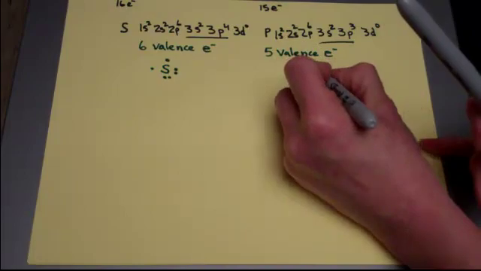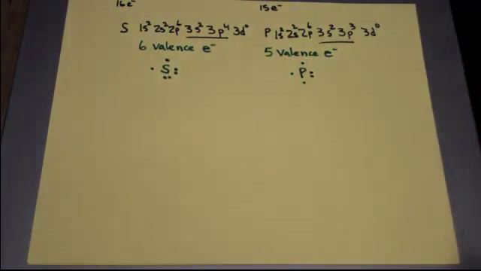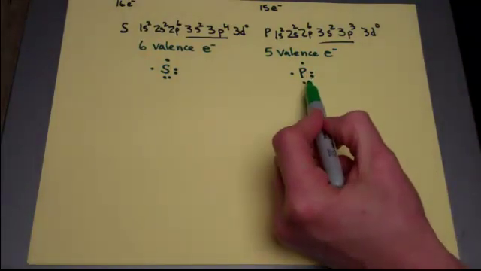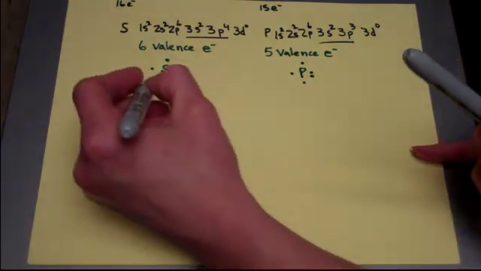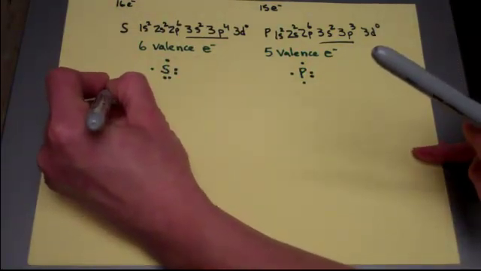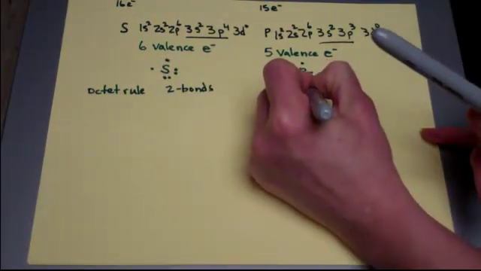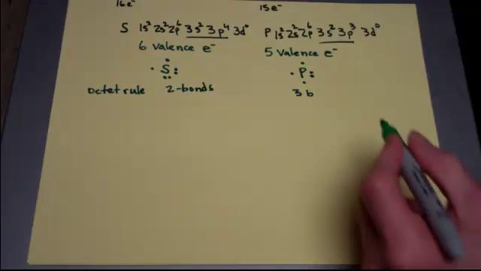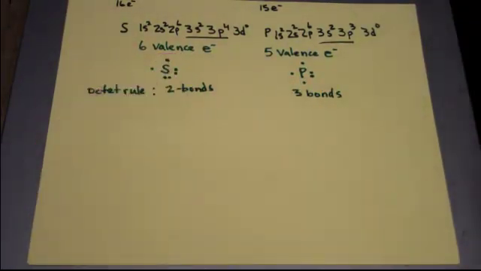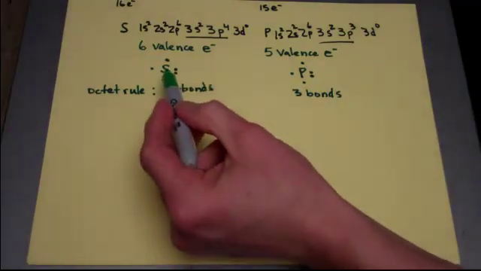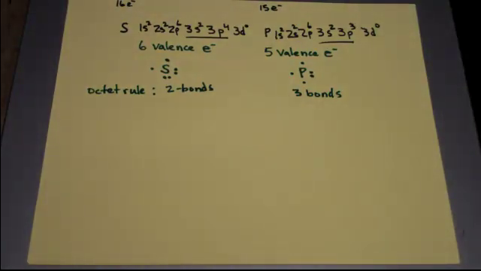It's got 5 valence electrons, so we start filling them around the phosphorus, and it has to start pairing. So now we have 3 places on phosphorus. Based on the octet rule, sulfur would want 2 bonds, and phosphorus would want 3 bonds because there are 3 places for it to share. These rules do apply, and these two elements can make 2 bonds for sulfur or 3 bonds for phosphorus.